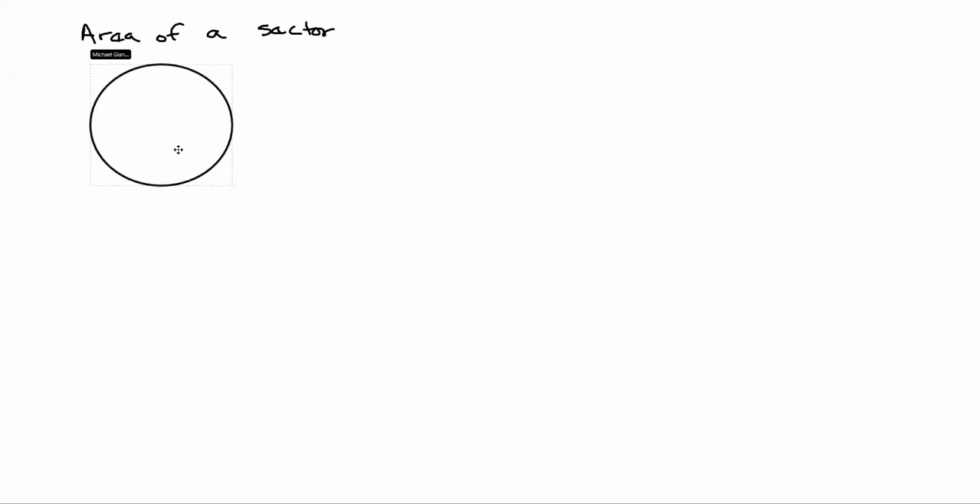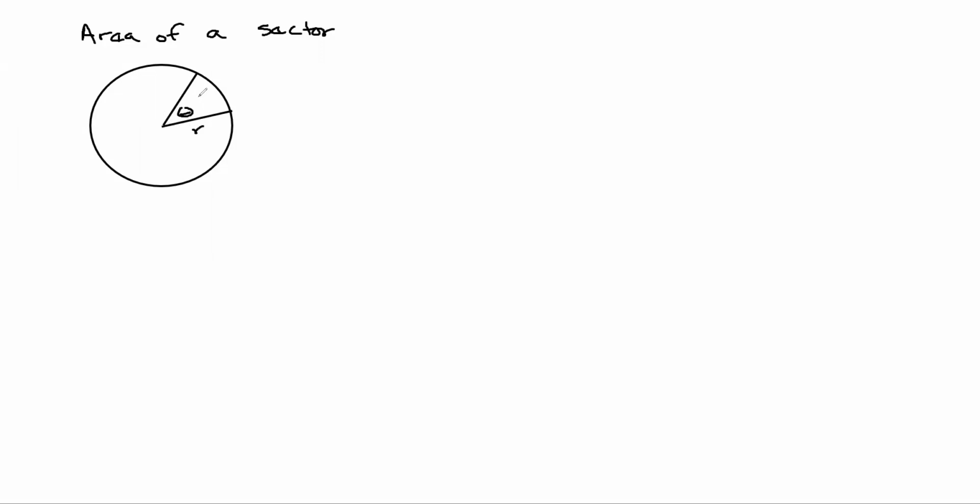All right. So we're going to start with the area of a sector. Suppose you have a circle, and you take a slice out of your circle, and we label theta and r.